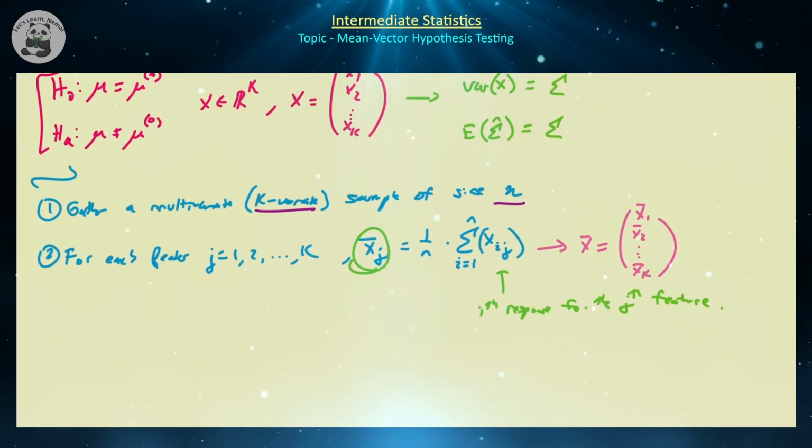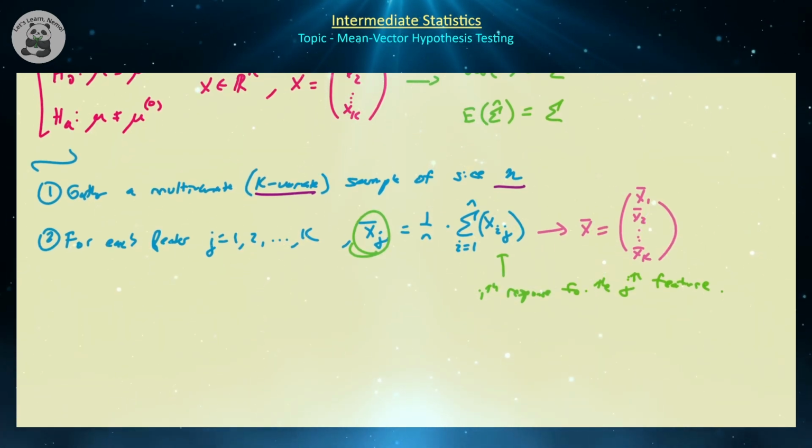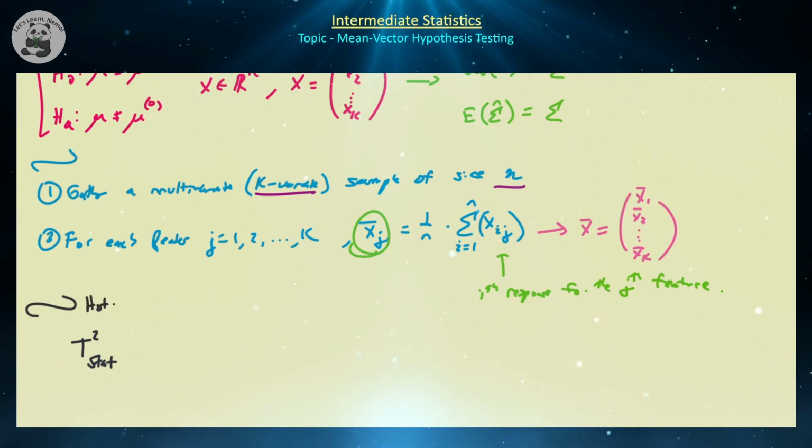Once we have that x bar vector, now we can build our test statistic. We're going to abbreviate it as T squared stat, and some people also call this the Hotelling T squared test statistic, which is associated to a T squared distribution, or a Hotelling T squared distribution.